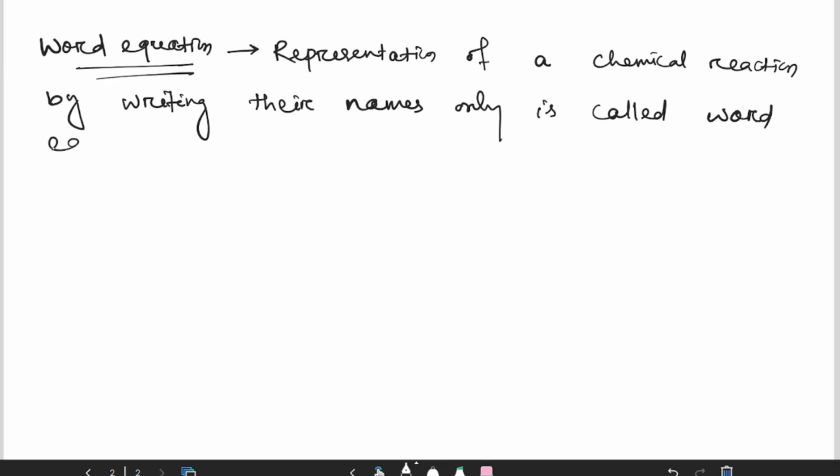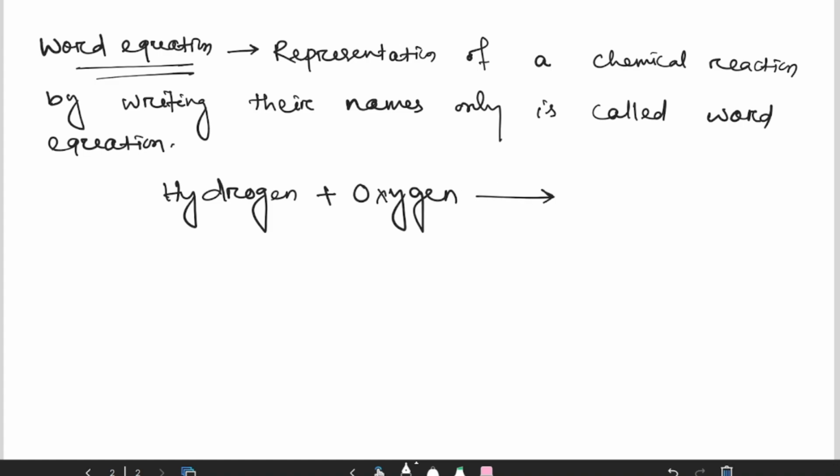Let me write, as I said, when hydrogen reacts with oxygen, produces water, right? So this is the word equation.